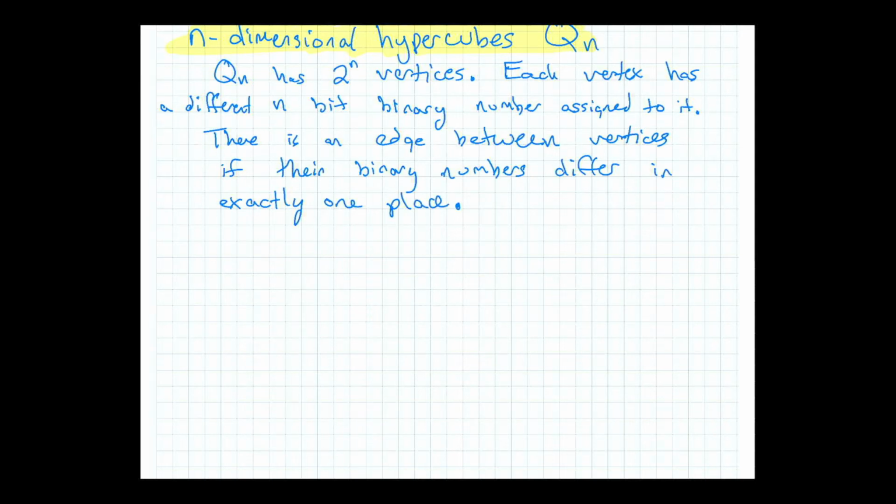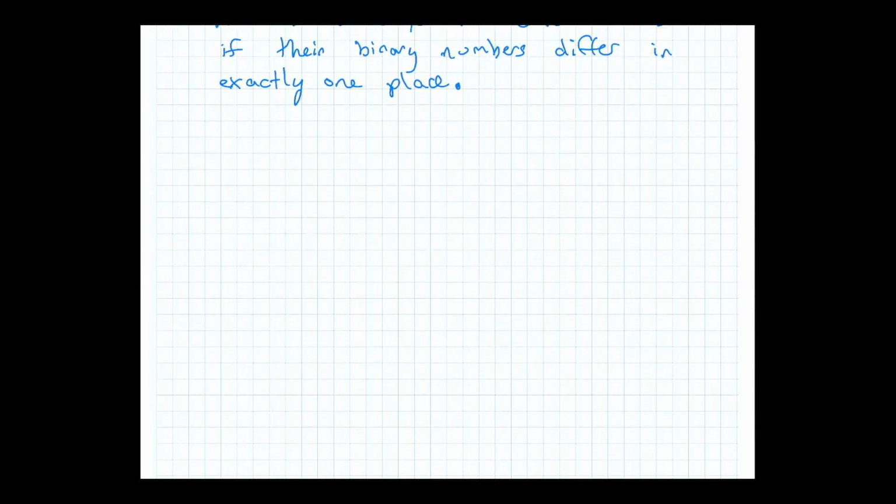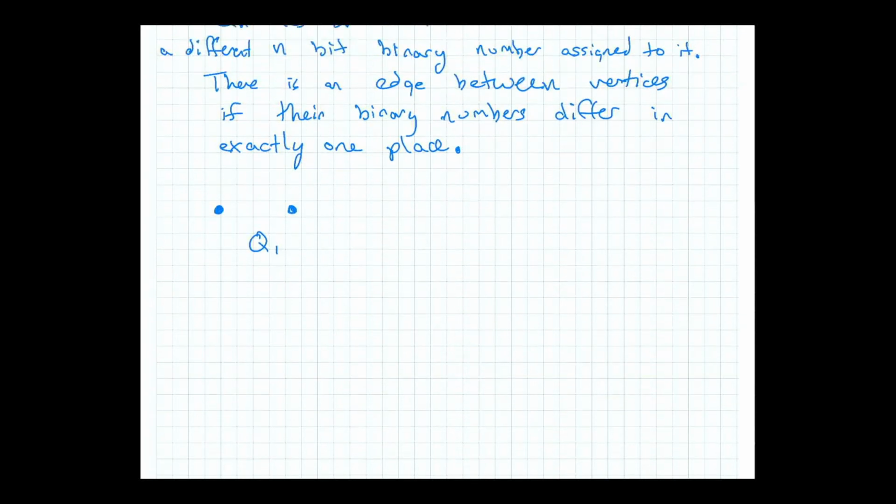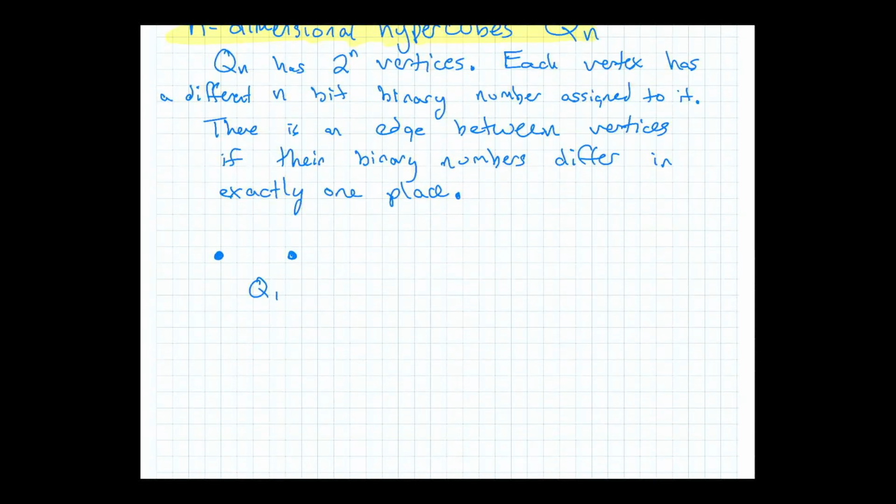So this is very complicated, and you're going to be like, okay, how do you even go about drawing it? So here's how you go about drawing it. Q1. What you're supposed to have is 2 vertices. Why 2 vertices? Because 2 to the n vertices, right? So if n is 1, there should be 2 to the 1 vertices. Then each vertex has a different n-bit binary number.